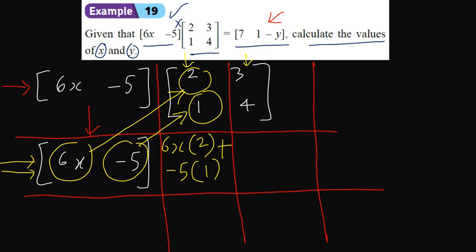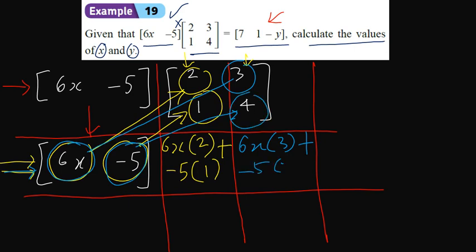And then this row again, you will times with 3. 6x you times with 3, and then you plus negative 5 will times 4. Negative 5 will times 4.